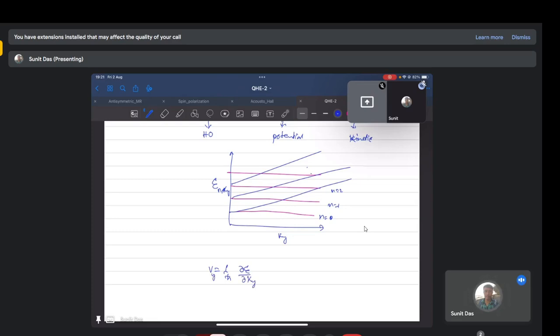Let's say if I want to find velocity along the y direction, if it is exactly flat, epsilon is independent of ky, then this derivative is zero, so there is no velocity of electron. Similarly, vx can also be zero if it is independent of kx, which we already saw in our gauge choice. But here we will have some velocity, because velocity is essentially the gradient of energy with respect to the momentum along which we are interested in finding the velocity. So that is one interesting point which will later have important consequences.